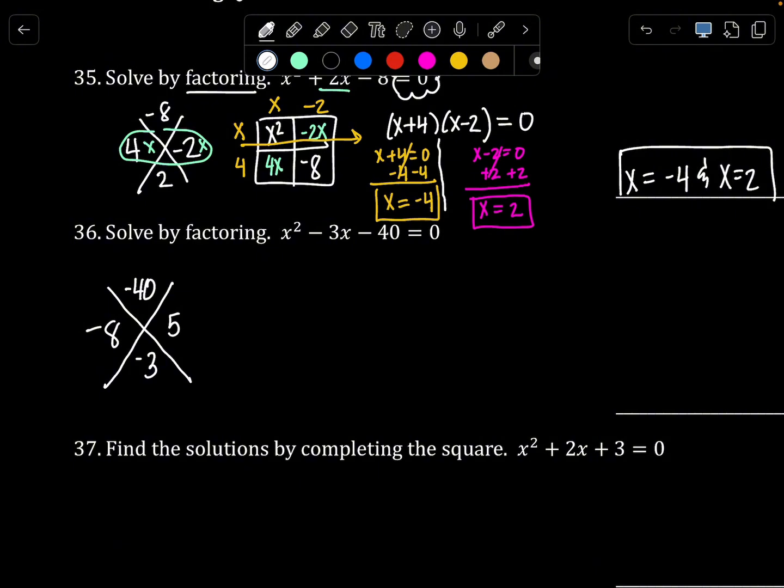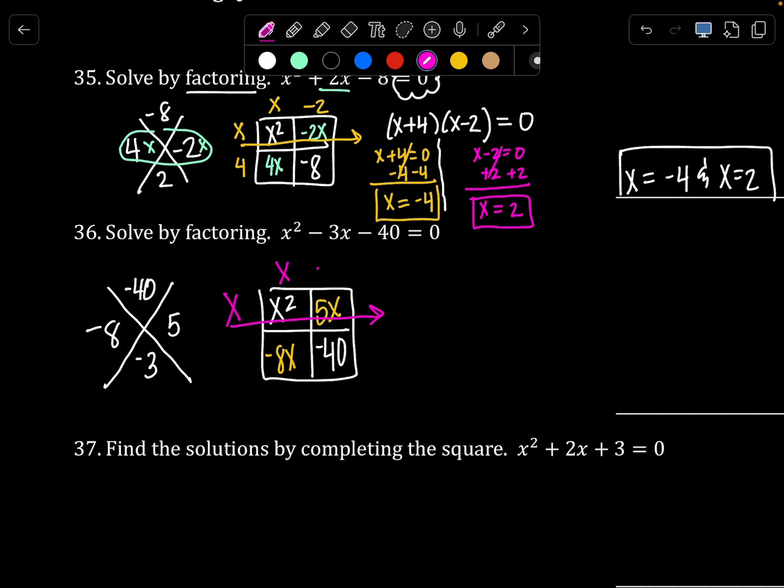Because when you multiply them you get negative 40, and when you add them you get negative 3. Good job. Put them here. X squared minus 40. And you're going to have negative 8x, 5x. Find your GCF. And there you go. This is neat. X minus 8, x plus 5 equals 0.